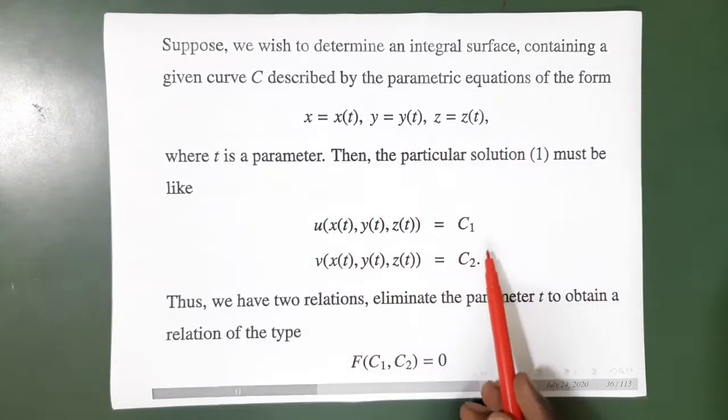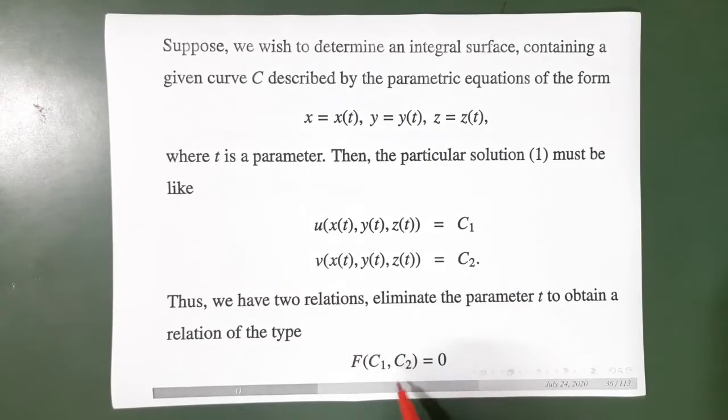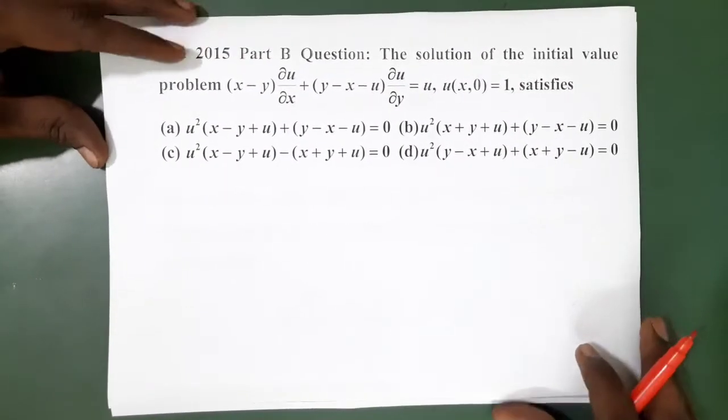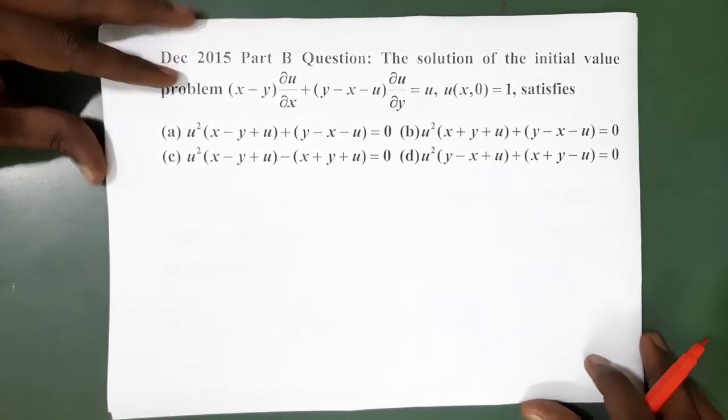We write it like this, and then we can find the relation between c1 and c2. Again we replace, and one can get the integral curve passing through the given curve. The same problem is here, so we have to find the integral curve first.